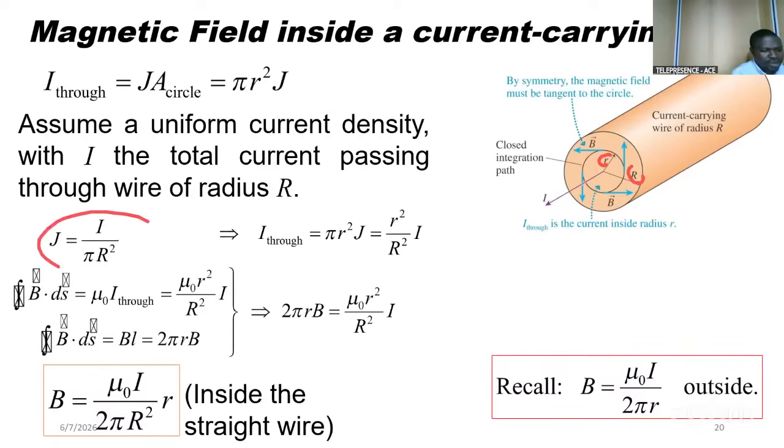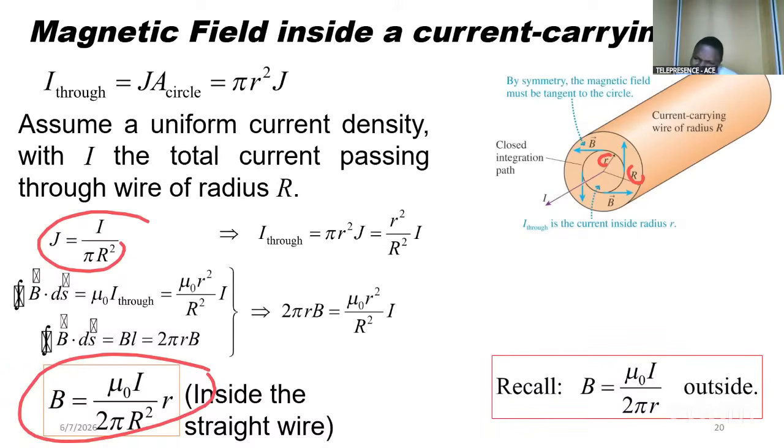If you do the substitution, comparing the inside and the outside, we arrive at the magnetic field inside a current carrying wire: B equals permeability multiplied by the current multiplied by the inner radius r, all over 2 pi R squared. Recall that outside, the magnetic field is B equals permeability multiplied by the current all over 2 pi r.